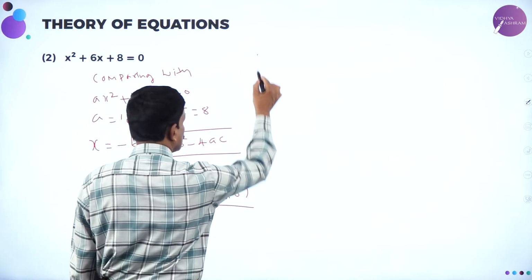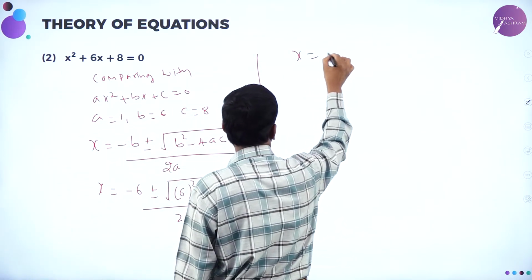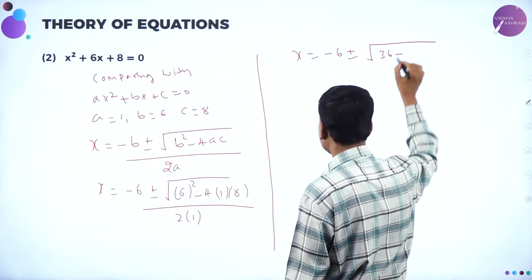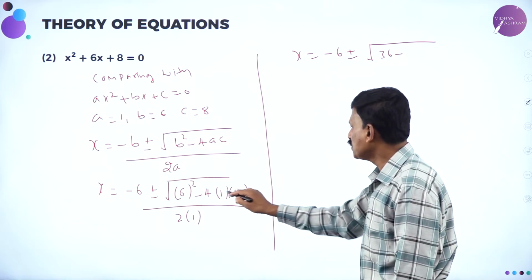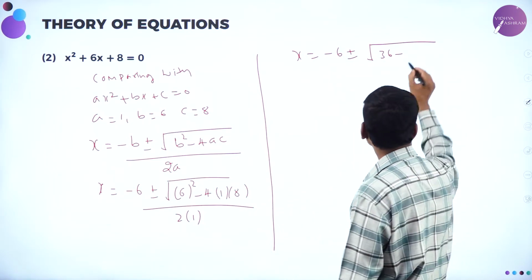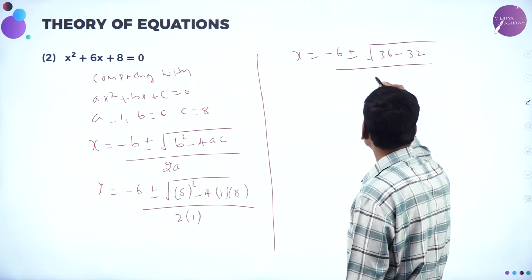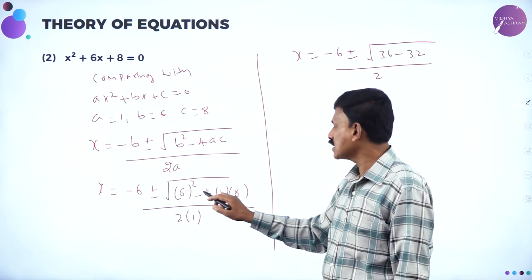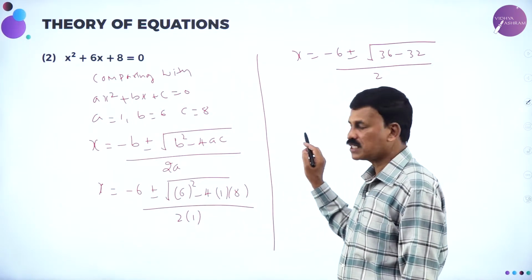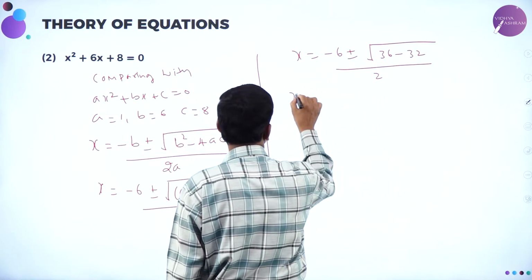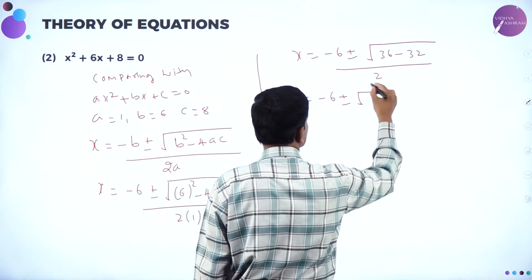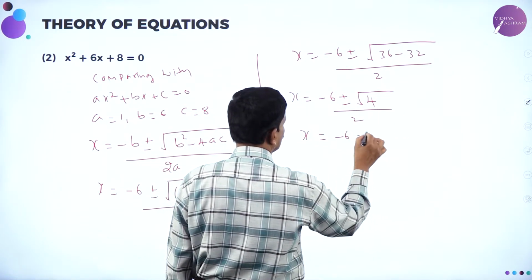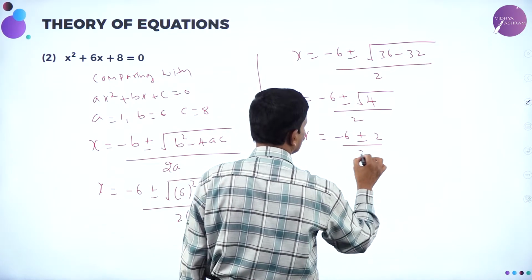So, that is x is equal to minus 6 plus or minus root of 6 6s are 36, minus 8 into 4, 8 4s are 32, divided by 2 1s are 2. So, this is x is equal to minus 6 plus or minus 36 minus 32 is 4, divided by 2. So, x is equal to minus 6 plus or minus square root of 4 is 2, divided by 2.